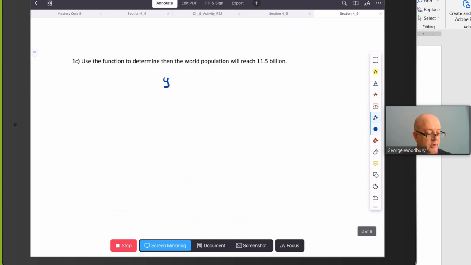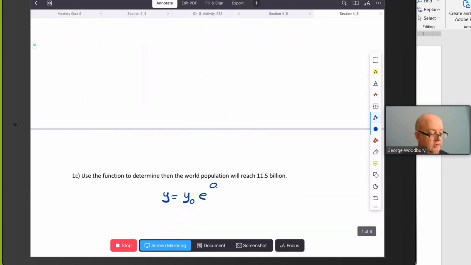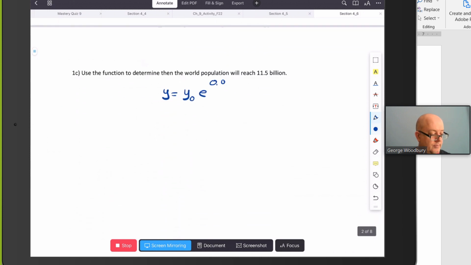I'm going to copy down the model one more time. Y equals y sub 0 e to the 0.016219 times t power. And here, the 11.5 billion, that's our value of y. Oh, and I'm sorry, I meant to put in 4 for the value of y sub 0, because that is our initial population.